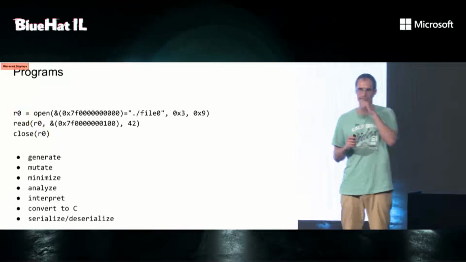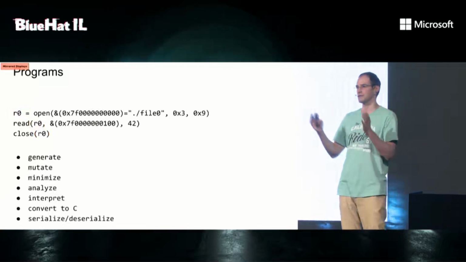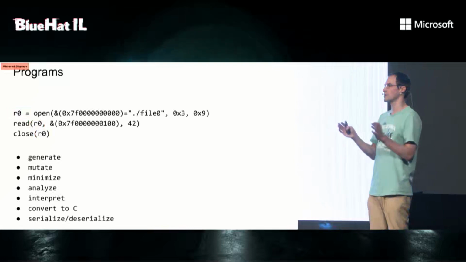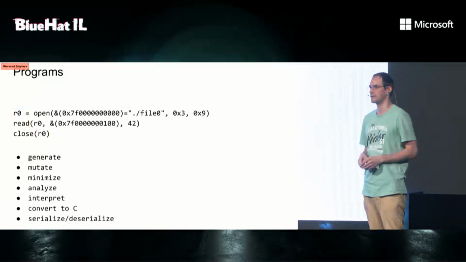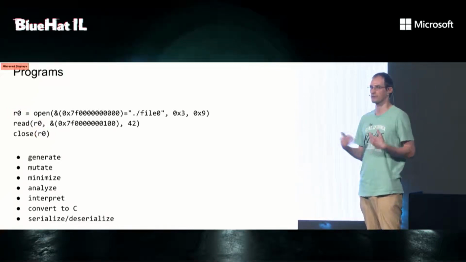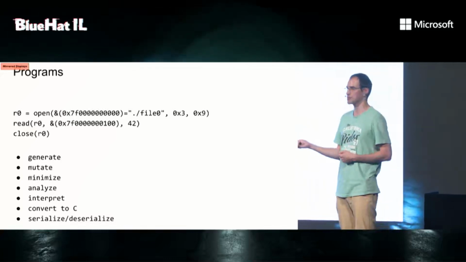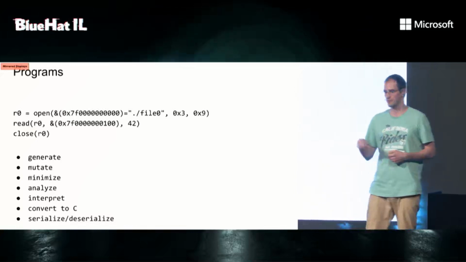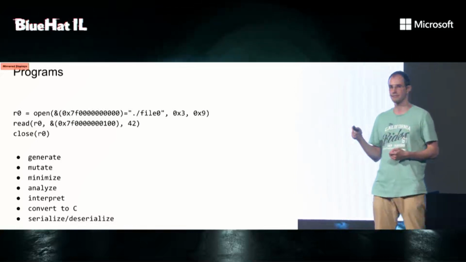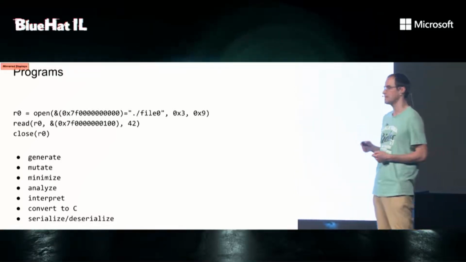OK, so descriptions are something that you write and give to the fuzzer, while programs are manipulated by the fuzzer itself. Normally, you don't write them, and you don't even see them, because based on the description, the fuzzer can generate the programs from scratch. It can also mutate existing programs. It can also minimize programs.